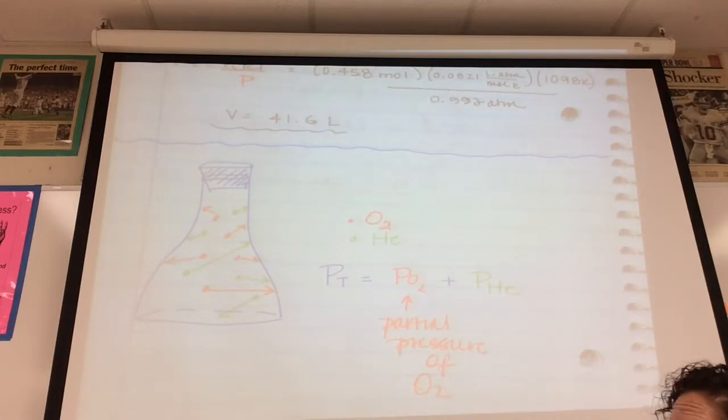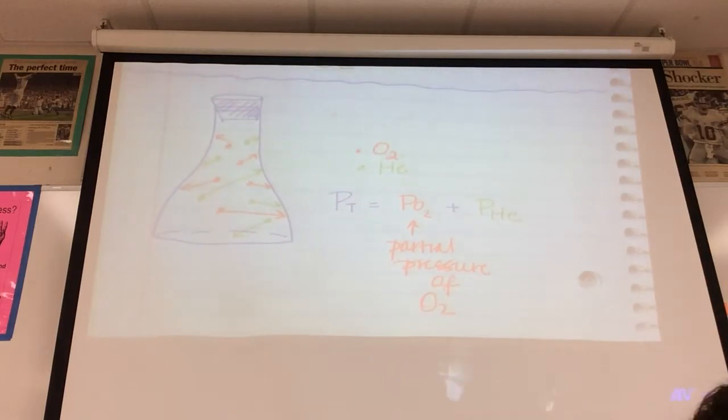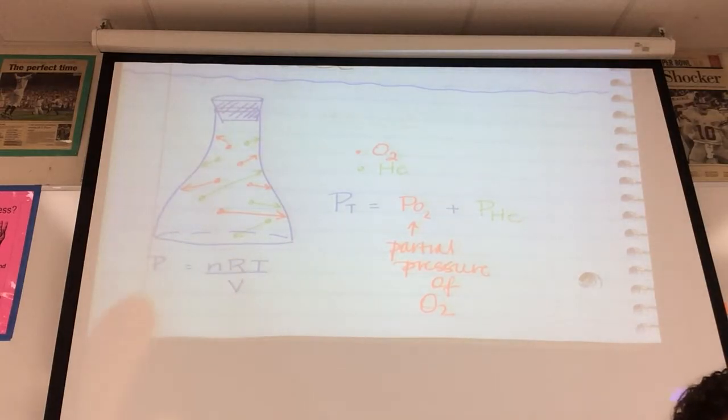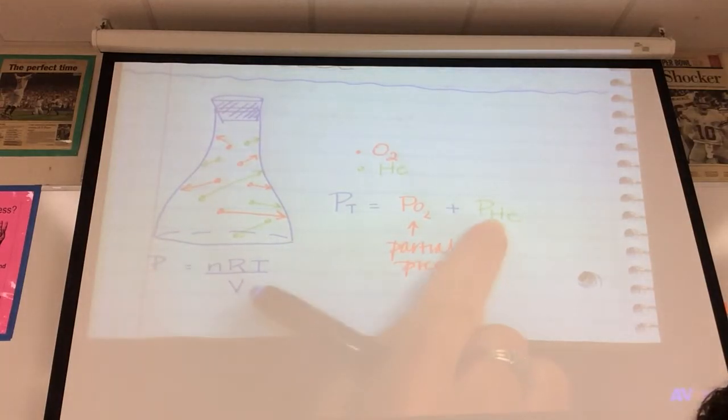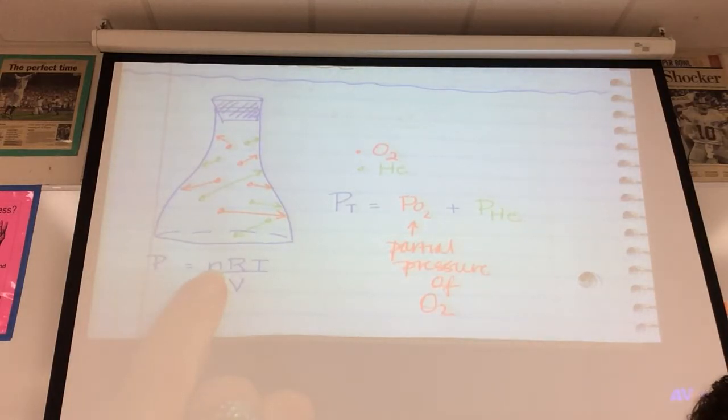We also know, for example, that we can get pressure by doing pressure times volume is equal to moles times the universal gas constant times T. So if I want pressure, that's equal to nRT over V. Now if I only want the pressure of the helium gas, I only take into account moles of the helium.